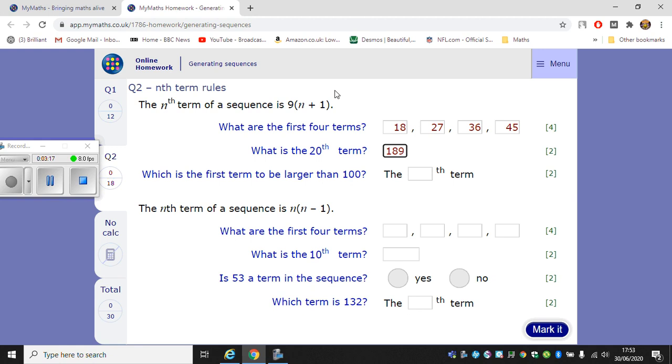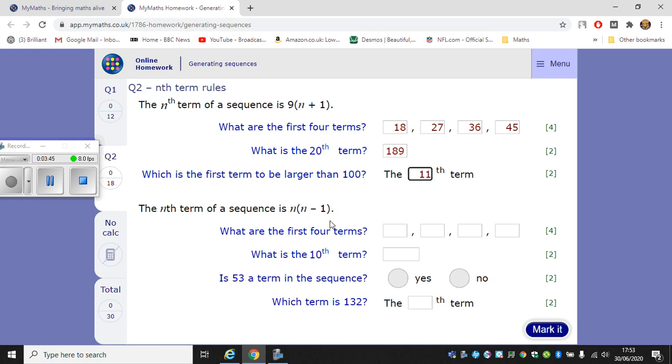So the 10th term, giving us 99, isn't quite big enough. So let's have a look at the 11th term. 11 plus 1 will give us 12, and 9 times 12 is 108, and that is larger than 100. So the first value that gives us an answer larger than 100 was the 11th term.